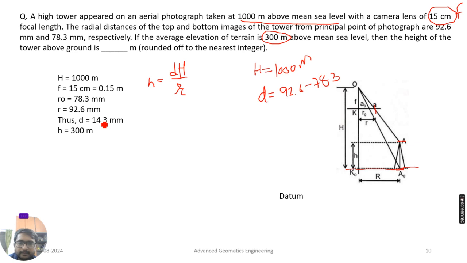Can anyone tell me the answer by plugging these values into the formula, h equals d times capital H by r?